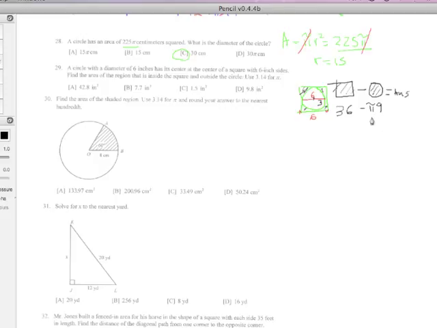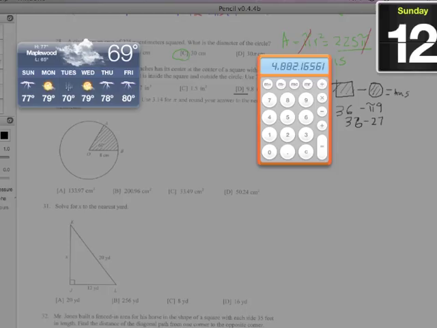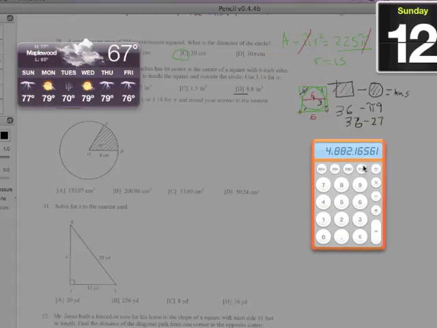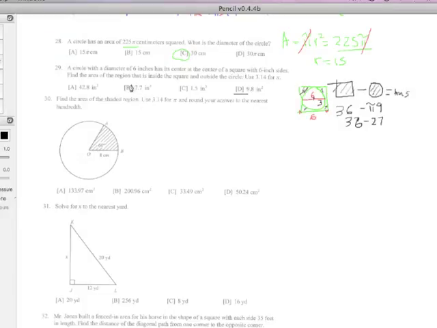Pi is a little more than 3, so this is going to be a little less than 36 minus 27, so a little less than 9. So it definitely can't be this. Let's just do it on the calculator to make sure. 3.14 times 9, and we would subtract that from 36, 7.74.